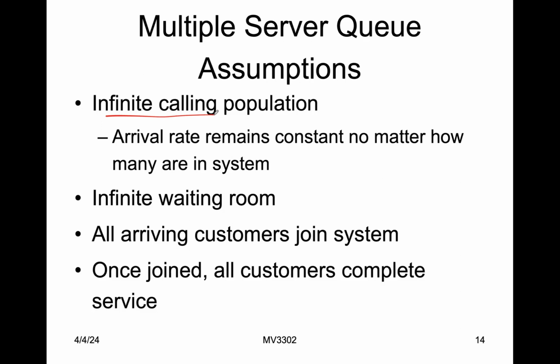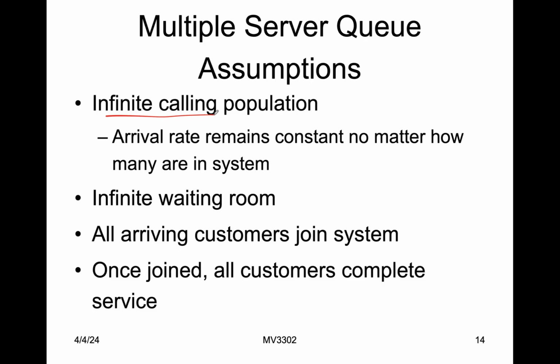So for example, if I'm modeling the Safeway on Fremont, there are maybe 120, 130,000 people on the peninsula. And maybe if there are 50 people in Safeway, has that appreciably altered the rate at which potential customers are coming in?